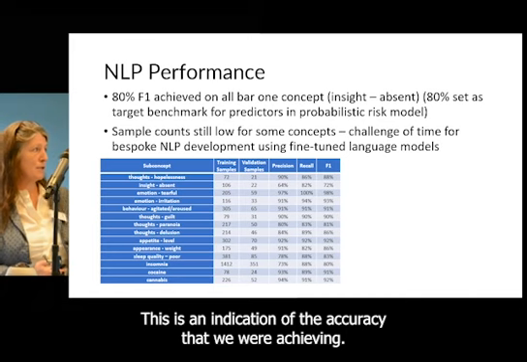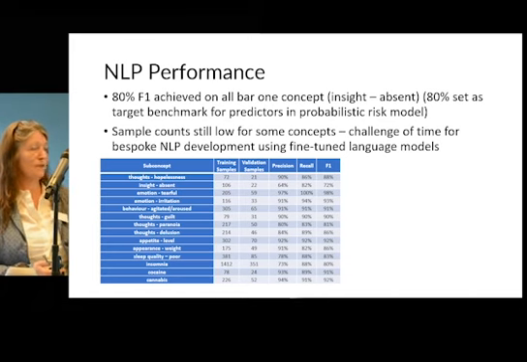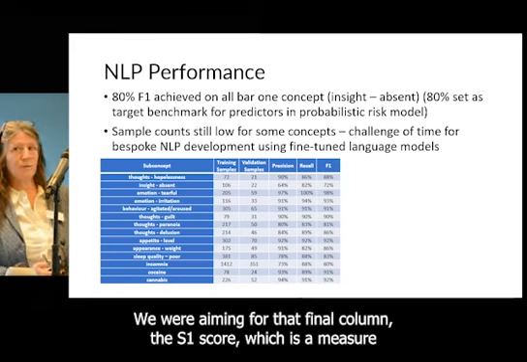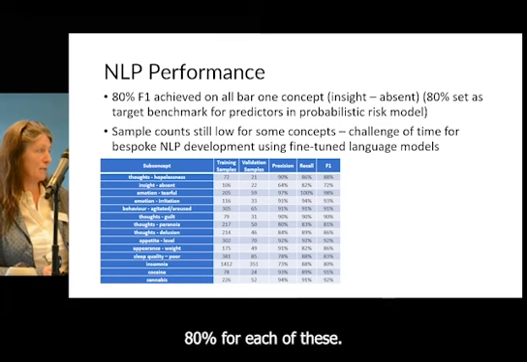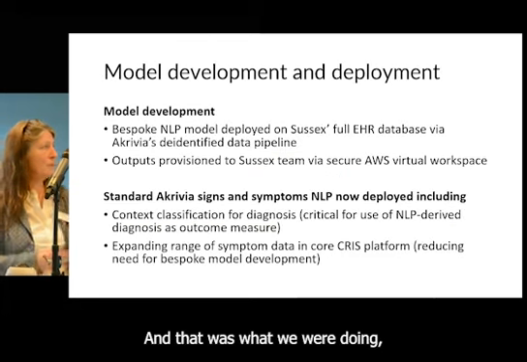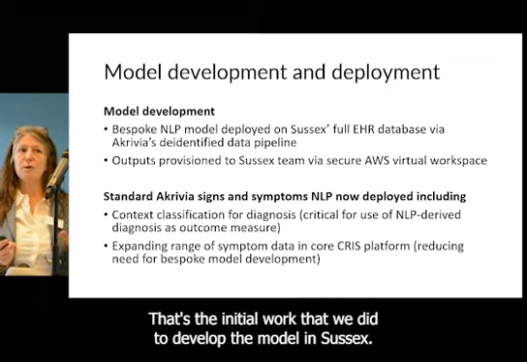This is an indication of the accuracy that we were achieving. We were aiming for that final column, the F1 score, which is a measure of precision and recall accuracy, to be over 80% for each of these. And that was what we were doing. That's the initial work that we did to develop the model in Sussex.